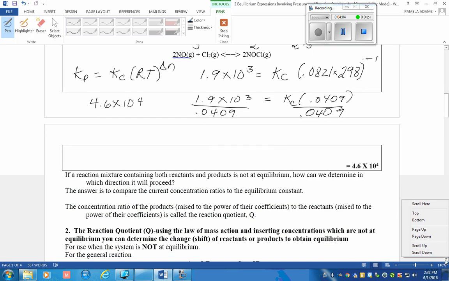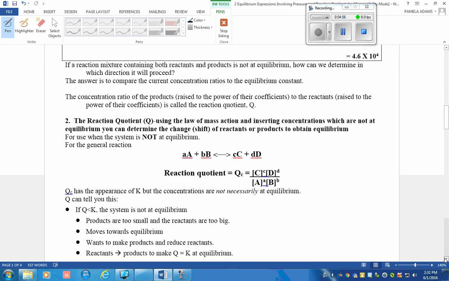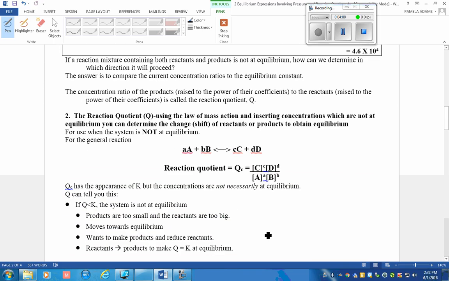Now let's talk about something called the reaction quotient. So far we've been very careful to say that the equilibrium expression only has values that are equilibrium concentrations. You cannot use a K expression with anything other than the values, be they pressure or concentration, that are found at equilibrium.